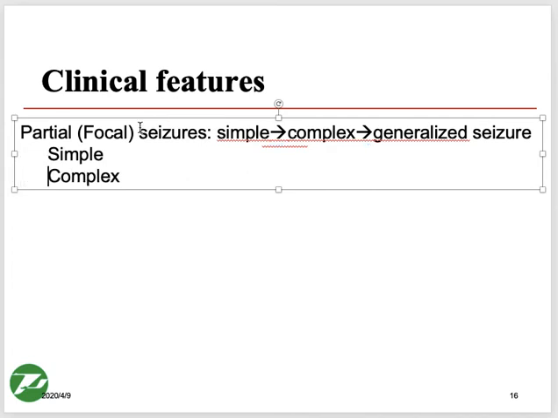So if I talk about the simple, as I told you, simple can be motor. For example, the person can present with some turning of the head, turning of the eyes, some jerking movements in one of the limbs. When the jerking from one muscle group moves to the other muscle group, we call it Jacksonian march.